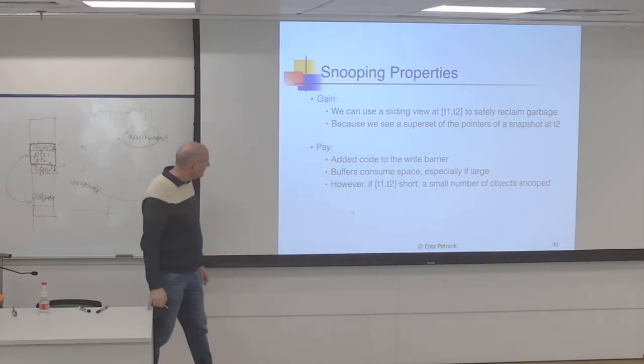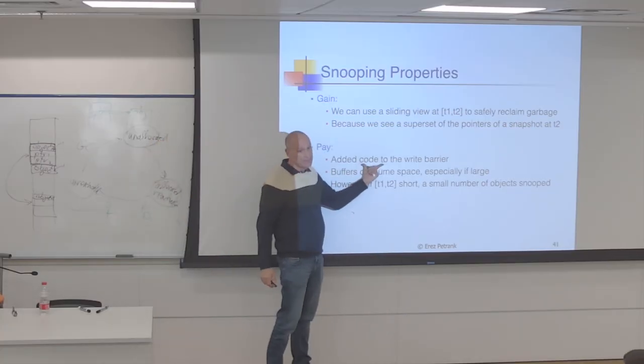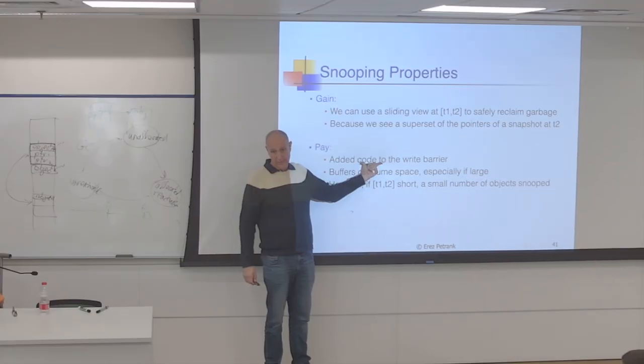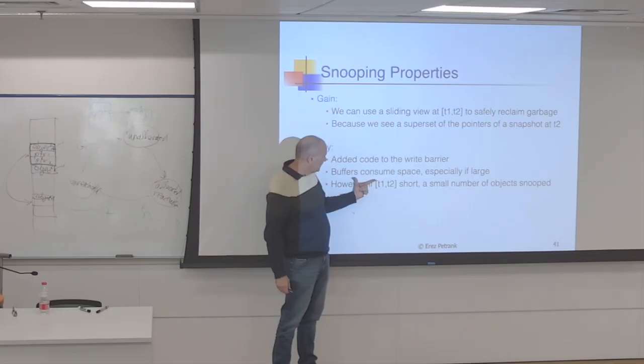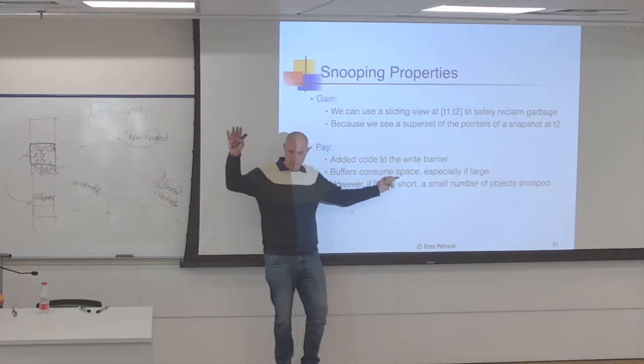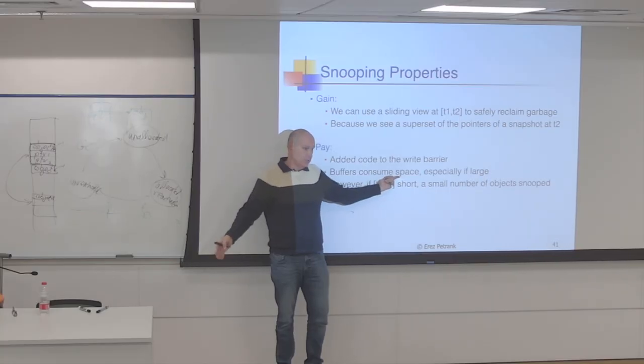Okay. And the loss is that we add the snooping to the write barrier, so it takes a bit more time. And the buffers take space, because we snoop objects and so we need space to register all these objects.